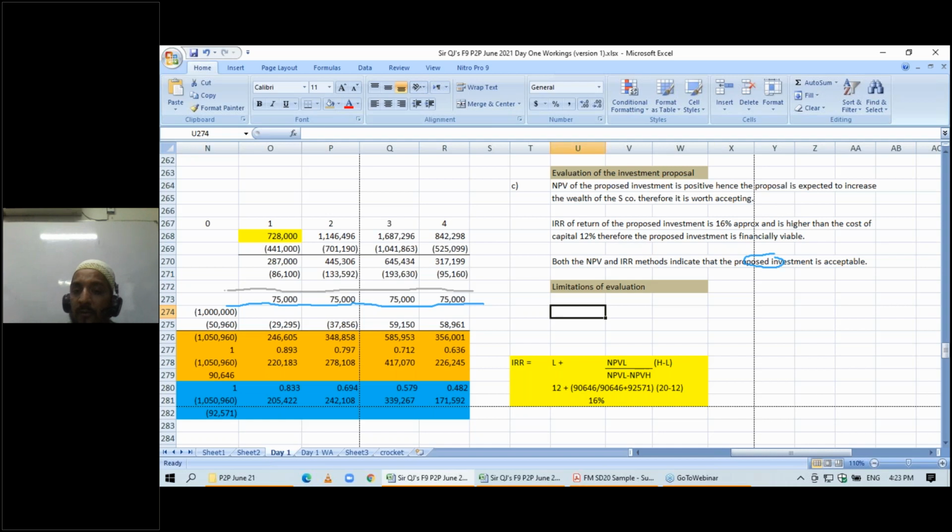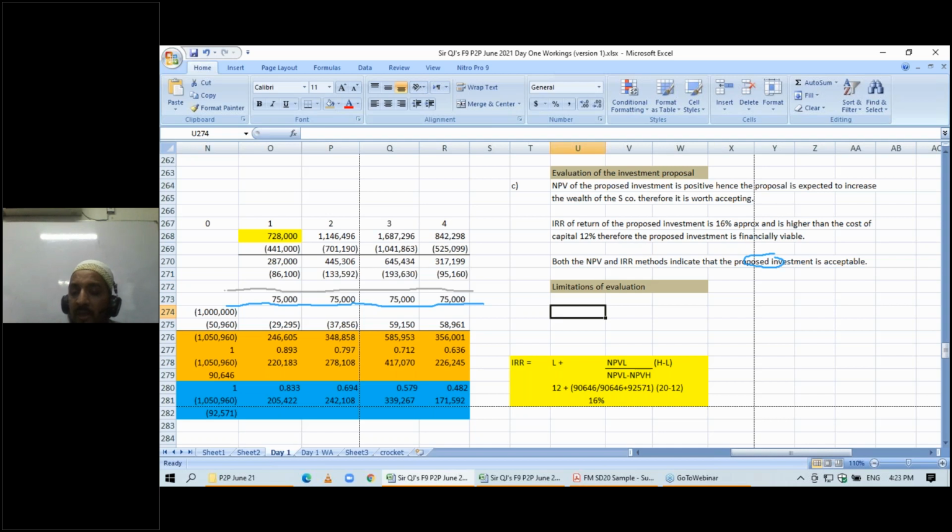It's not only the one variable, sales volume. Apart from the sales volume, there are other variables as well about which we need information. One of them is the inflation rates, which we have judged to be 4% and 5%. Will these inflation rates remain the same throughout the 4 years?